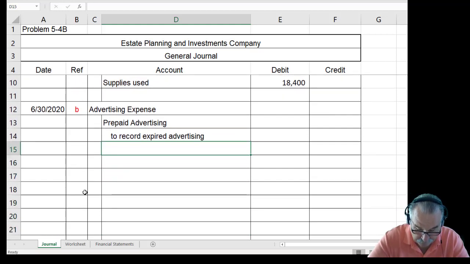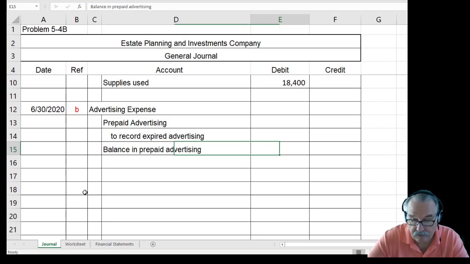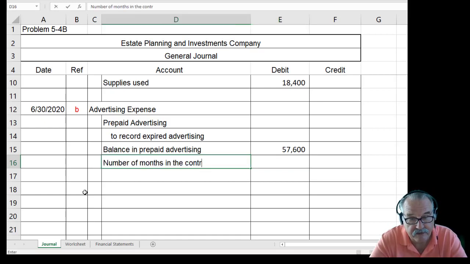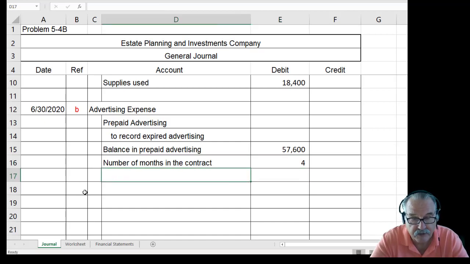So the balance in prepaid advertising is $57,600. The number of months in the contract, this was an advertising contract that covered 4 months.